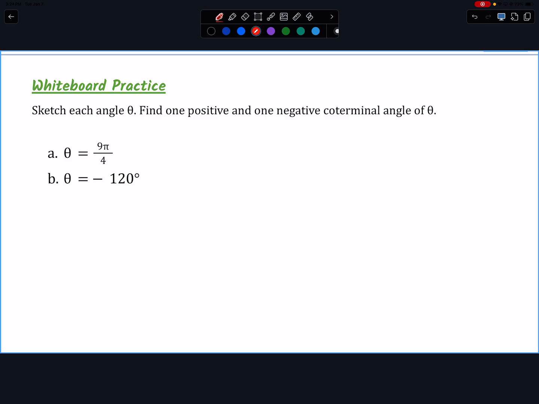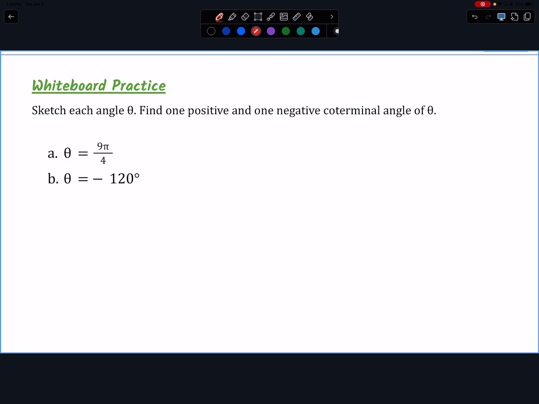Oh, the 45 degree angle. Okay, that makes sense. Careful guys, 9 pi over 4, is that in quadrant 4? Is 9 pi over 4 on our unit circle? No. So is this bigger or smaller than 2 pi? It's bigger.